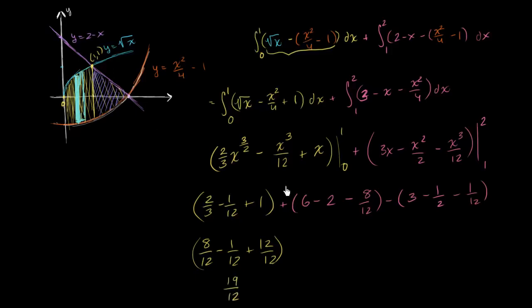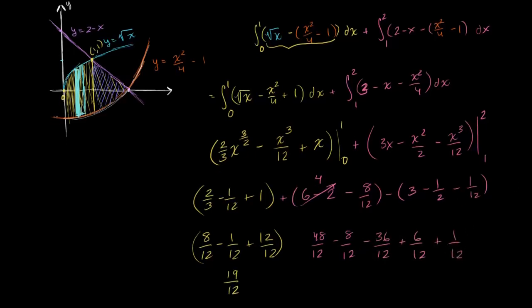And then this other part. 6 minus 2 is just going to be 4, so we can write this as 48 over 12, minus 8 over 12. Then we subtract a 3, which is 36 over 12. Then we add 1/2, which is 6 over 12, and then we add a 1/12.